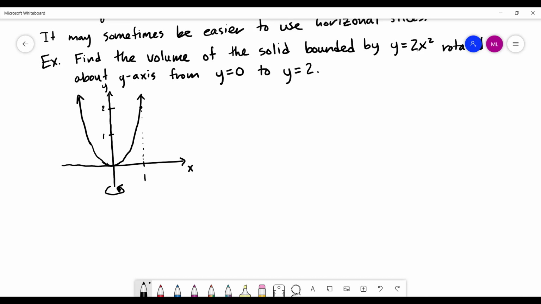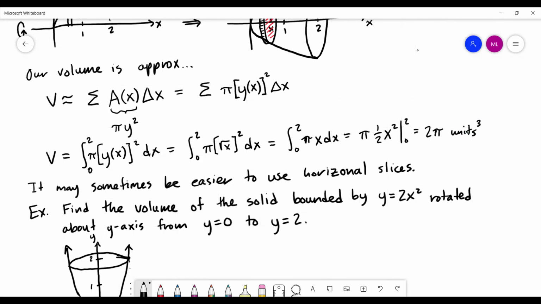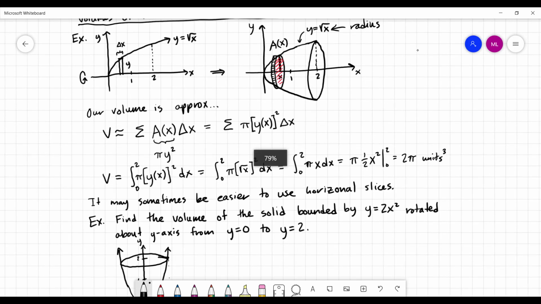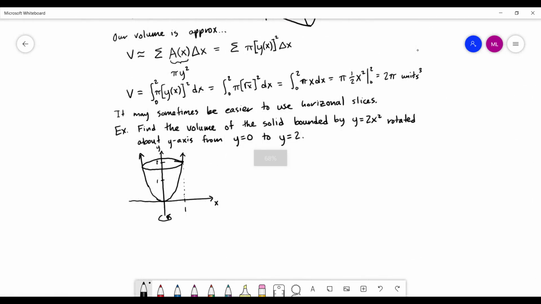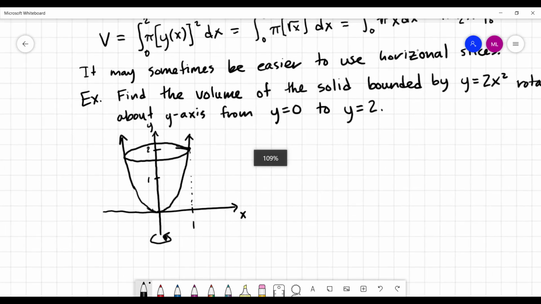Let me draw a slightly better cross-section. Okay. So it actually looks almost the exact same as the shape that we just did in the previous problem, but it's oriented vertically instead of down on its side.